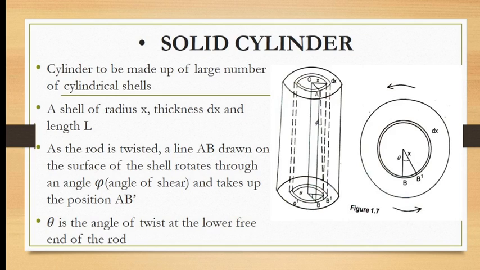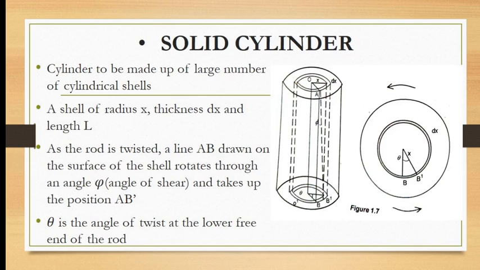We can imagine this cylinder to be made up of a large number of cylindrical shells. We can see the cross section of a cylinder in the picture. So we can consider this cylinder having length L and radius r to be made up of a large number of cylindrical shells.